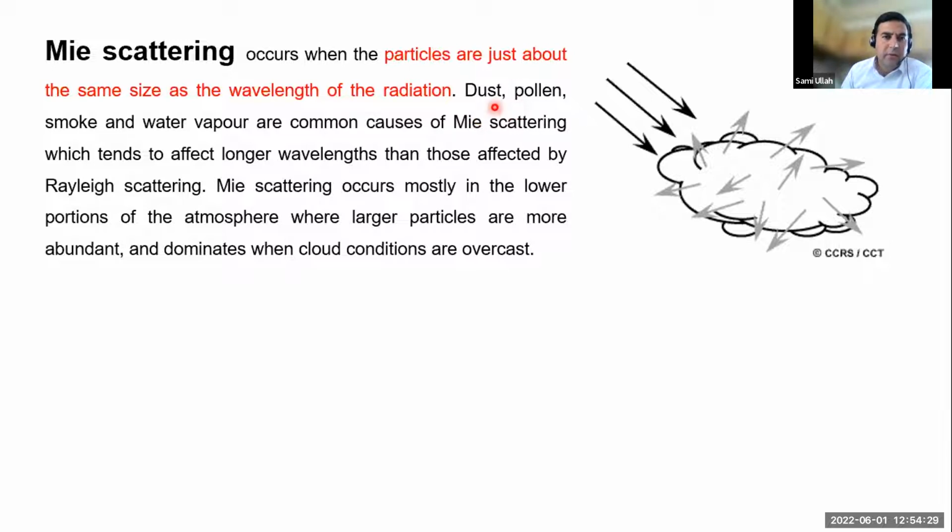Mie scattering takes place in the lower portion of the atmosphere, where larger particles are more abundant, and is dominant when cloud conditions are overcast.